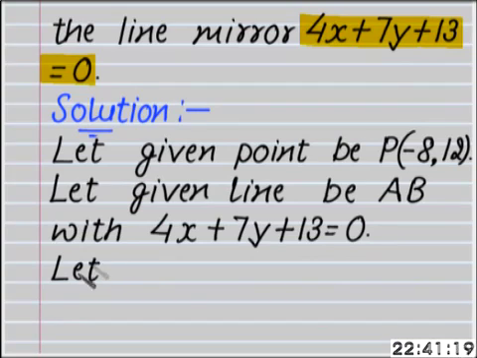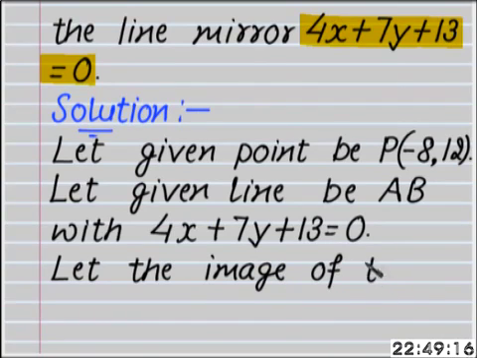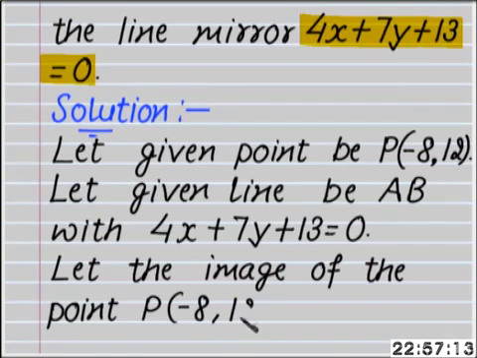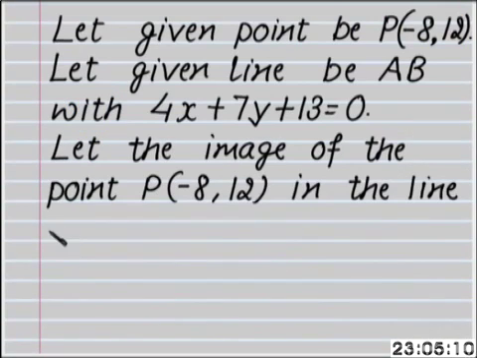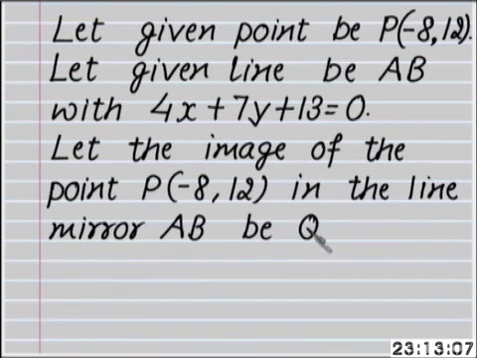Let the image of the point P with coordinates -8 and 12 in the line mirror AB be point Q with coordinates alpha and beta.